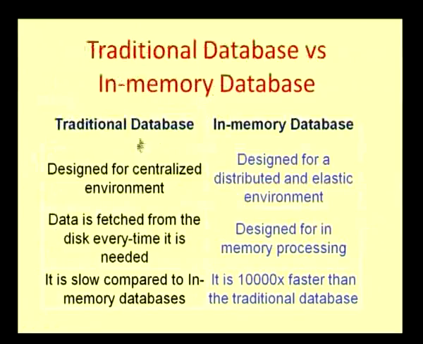When you compare the traditional database with the in-memory database, the traditional database is designed for a centralized environment, whereas the in-memory database is designed for a distributed and elastic environment. Data is fetched from the disk every time it is needed in the case of a traditional database. Here it is designed for in-memory processing, in main memory processing.